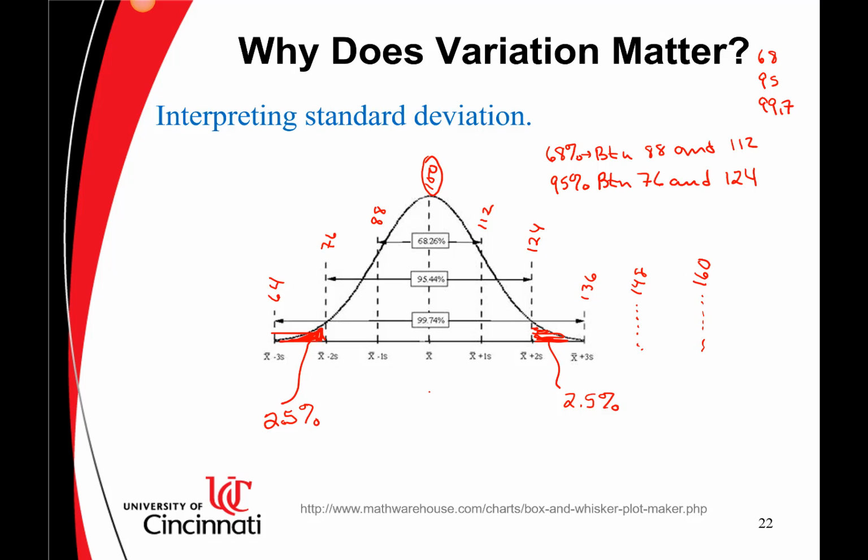Now, would a right or a left skew fit well for this? No, it's not a normal distribution. Most things are a normal distribution. This will work well. That's why standard deviations are so popular, because it works for most stuff. Does that make sense to everybody?